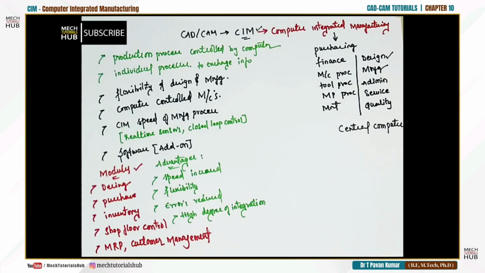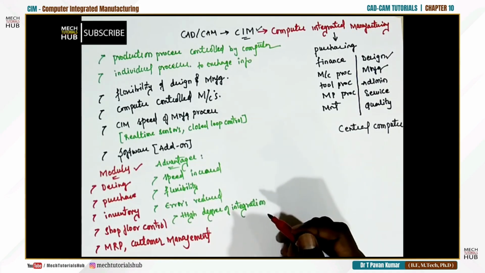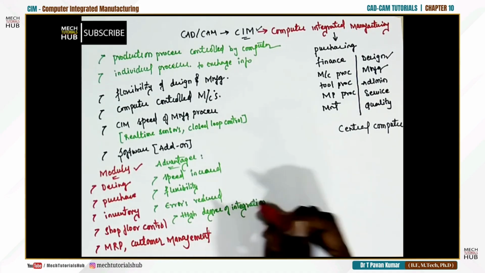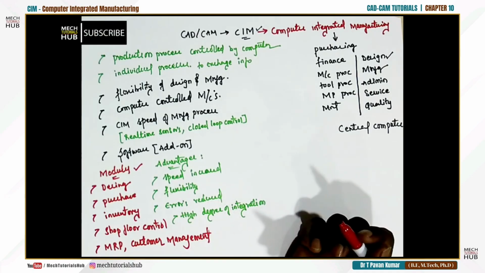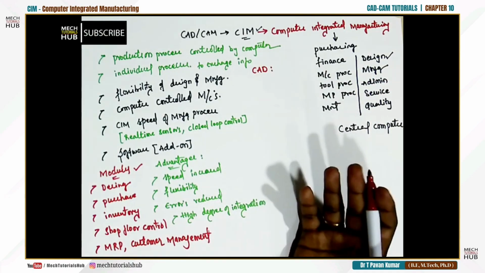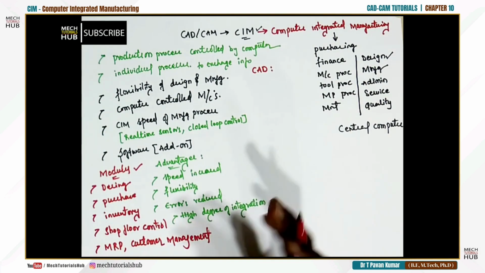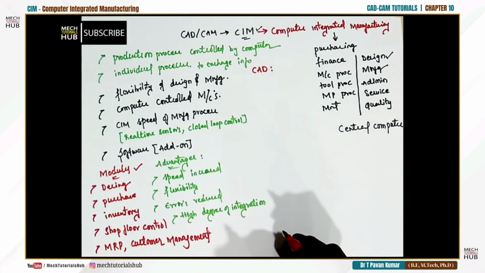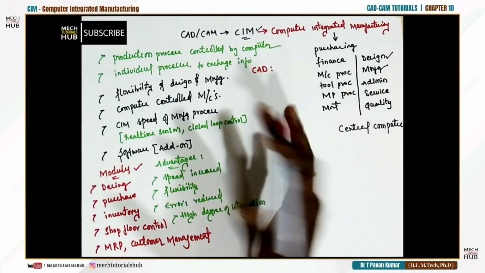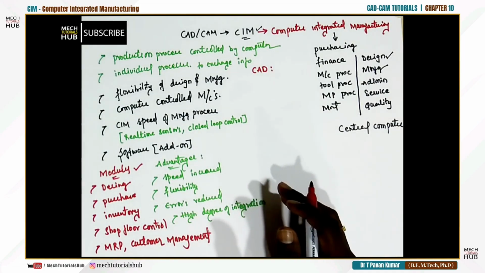Other than this, now we are under CAD CAM, so let us talk about the basic difference between what is CAD and what is CIM system. Let us name it as what is CAD, what actually CAD is all about, and once you implement the CIM system, CIM system is all about usage of computers and software. So with that introduction, what was the role of CIM system in a manufacturing firm?